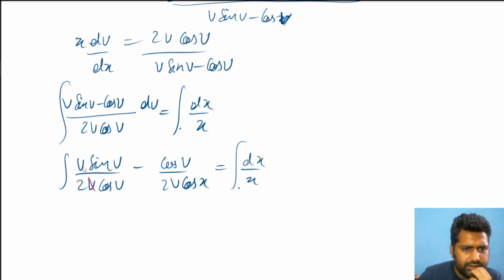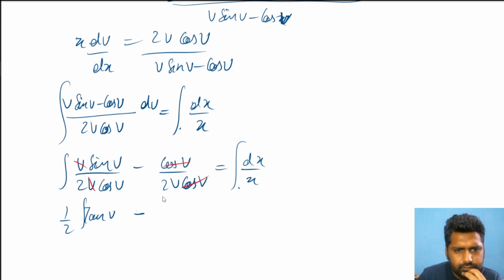This v cancels, cos v, cos v cancels. So this is nothing but 1 by 2 tan v integration, and this is integration of 1 by 2v dv. So 1 by 2 I can take effectively common from both expressions. So integration of tan v minus 1 by v dv.